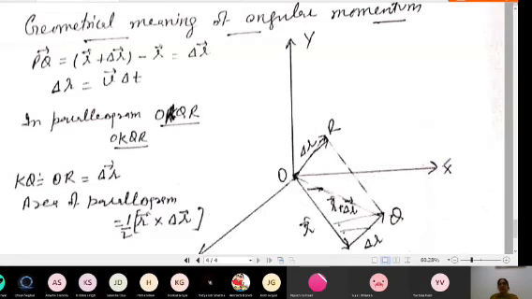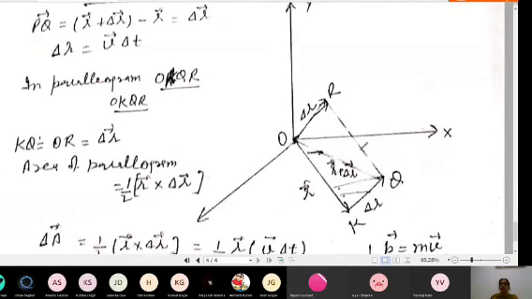I can take the particle moving in whatever plane, x, y or y, z. If you want to keep the body in the xy plane only, as we have been doing all the time, this can be taken as the z axis.